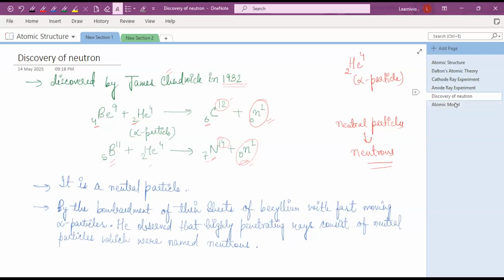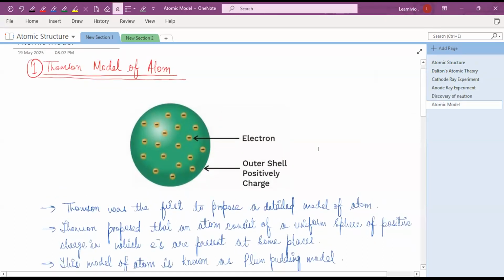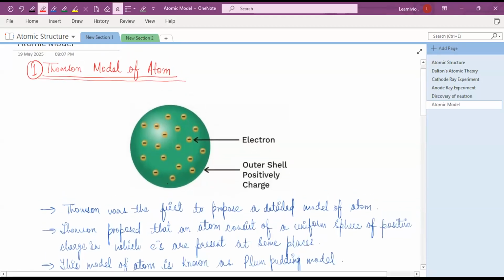Let's see, the next is the atomic model. You must have studied atomic models in class 9: Thomson's model of atom, Rutherford's model of atom. So see, the first one is the Thomson model of atom, and he was the first one who proposed a detailed model of the atom.